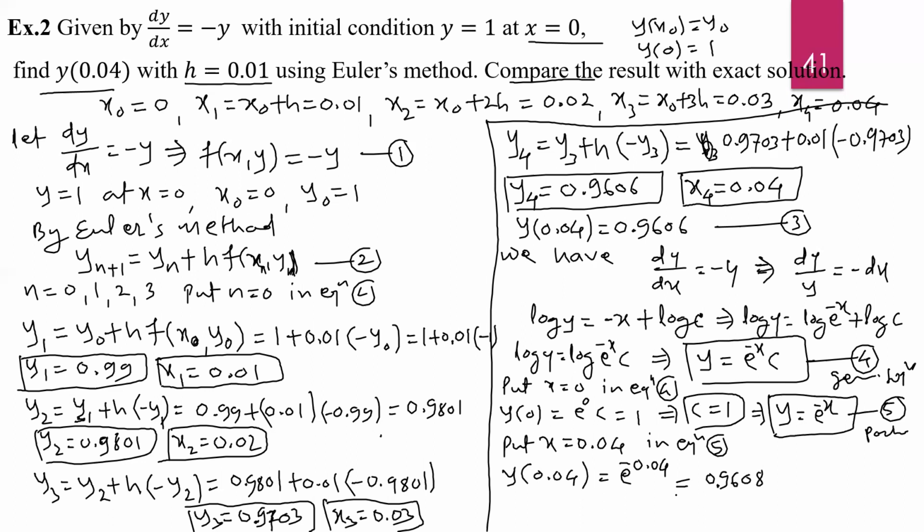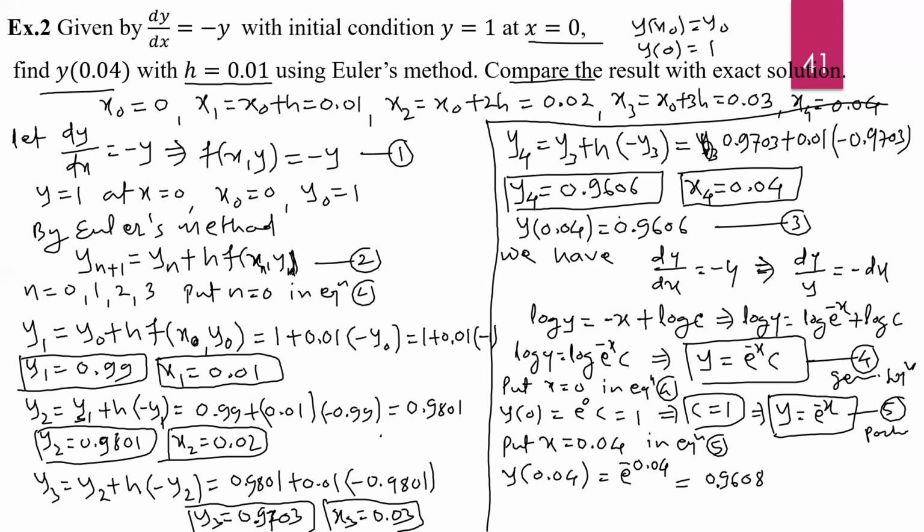And now we have the numerical value 0.9606 and here 0.9608. Okay, so this is the solution by the exact method, the traditional method.